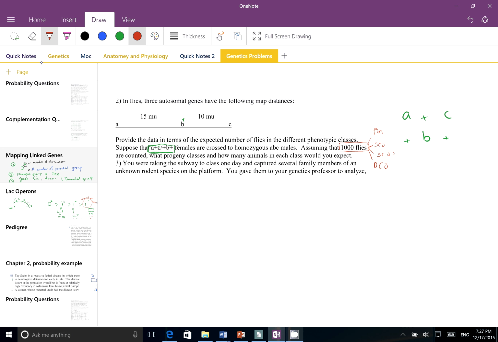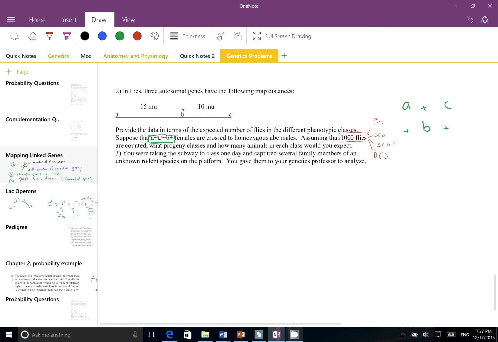So that's what they want you to find out: out of the 1,000 flies, how many were parental, double crossovers, single crossovers for A, or single crossovers for C.